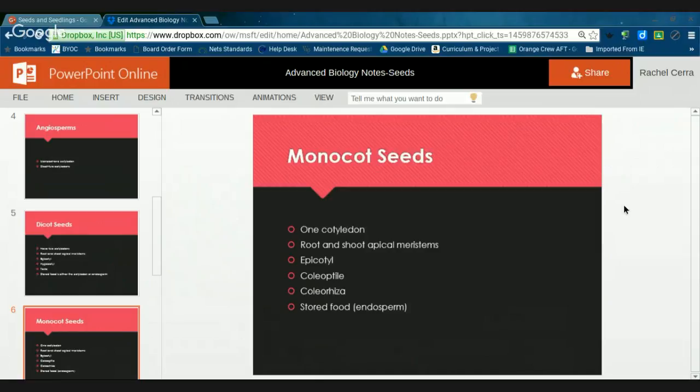Sometimes that's what it's denoted as. And then your cotyledon there is that whole kind of side structure that your coleoptile and coleorhiza kind of make up. So that's your basic structure of a monocot seed.